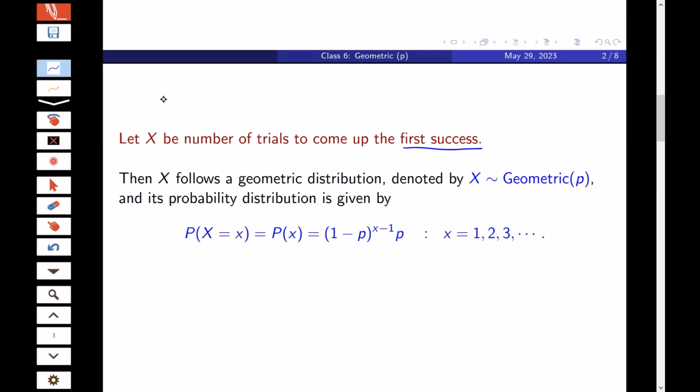If we got head in the first trial, x will take 1. If I get head in the second trial, that means I got tail in the first trial, so x is 2. And if I get head in the third trial, that means the first success comes at the third trial.